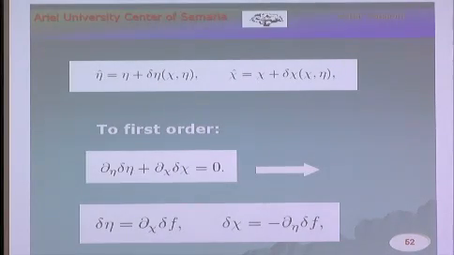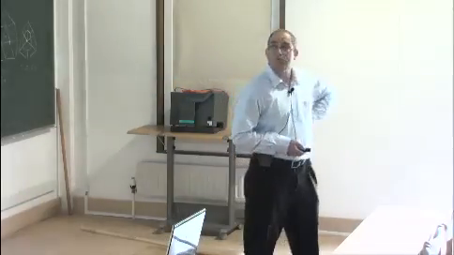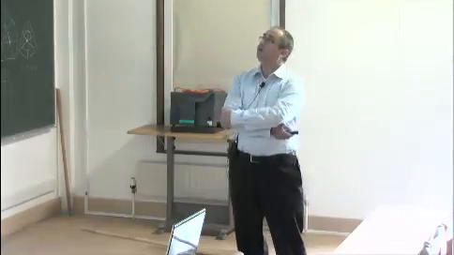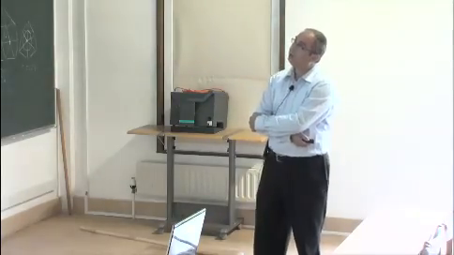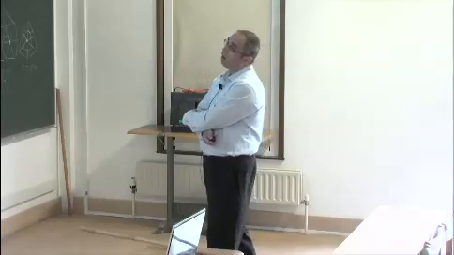Now, let us look at a small symmetry transformation, meaning that eta hat is eta plus some small change, delta eta, which is also a function of chi and eta, and the same for chi.